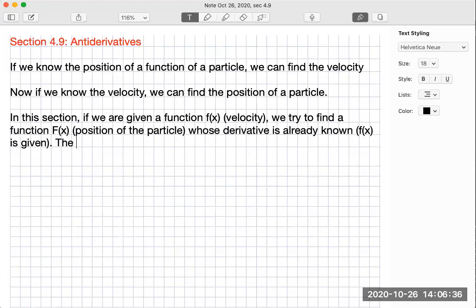So the function capital F of x will be called an antiderivative of f of x.